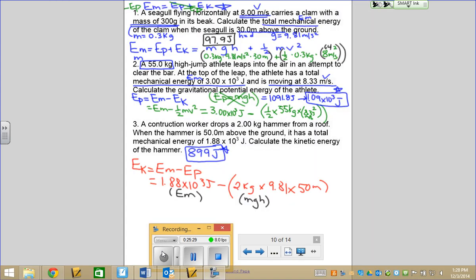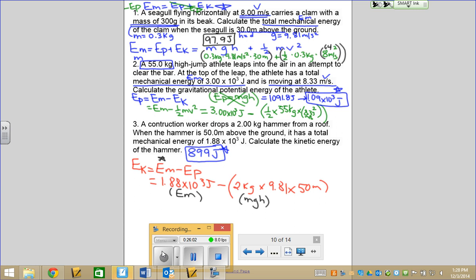Okay, so just to make sure that we're all on the same page, the third example solution is up on the screen so that you can see. We're following the same sort of idea that we did for number 2. I know the total mechanical energy, and I want to know kinetic energy. Since mechanical energy is both of those put together, if I subtract potential energy from mechanical energy, that should give me kinetic energy.